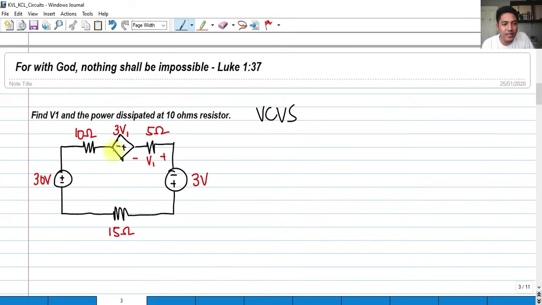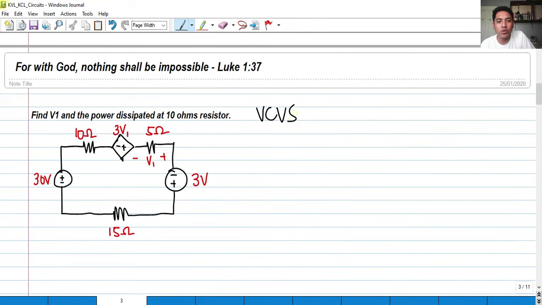So this voltage source depends on the voltage drop we have in the 5 ohms. If the voltage drop changes in the 5 ohms, definitely the voltage source will change as well. So this is also called a dependent source. It depends on the voltage drop here.